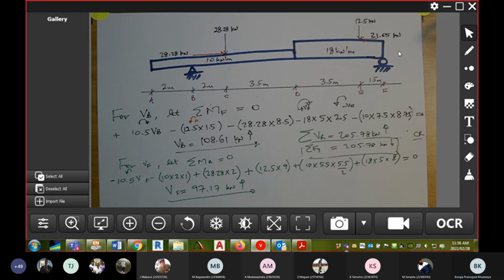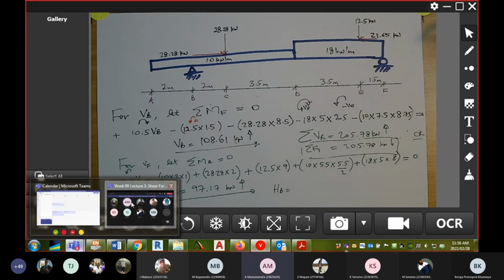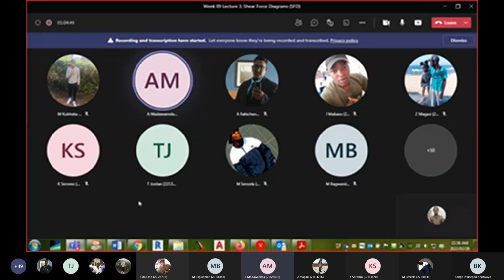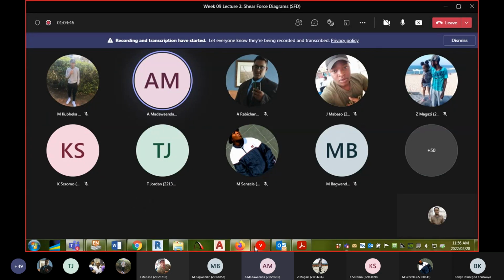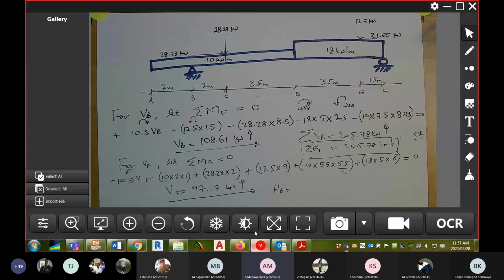Now, how do you work out the HB? Sorry, somebody was talking. Yes, sir, I'm listening. According to my calculations, for F I got 104.32, and for B I got 101.46, and at the end it's still balancing, the sum of the verticals, I'm still getting 205.